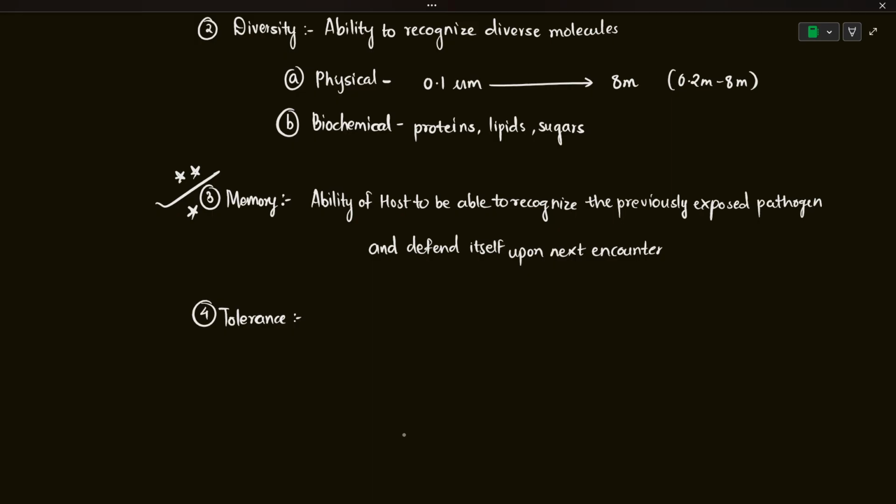It's like humans have eyes so that they can differentiate between their own kin and others. But cells don't have eyes, so what do cells have? Cells have different types of receptors, which enable them to differentiate between the self cell and the non-self.